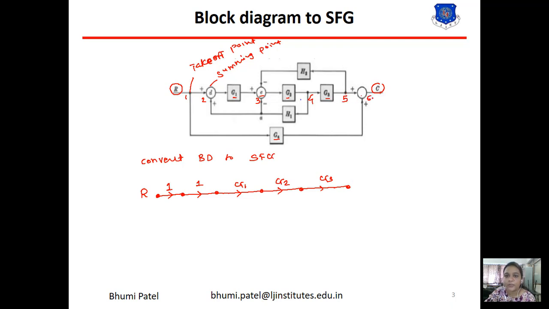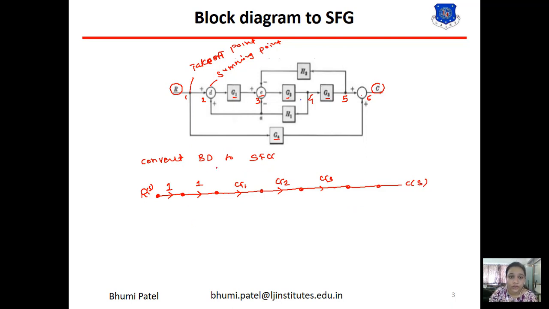Now a summing point is given, so after the fifth node we connect the sixth node, and after the sixth node there is the output signal. So from input to output, this is the forward path of the system, the conversion from block diagram to signal flow graph.